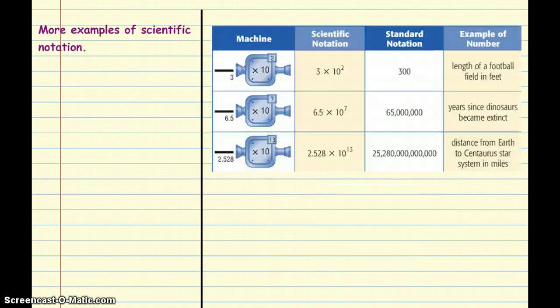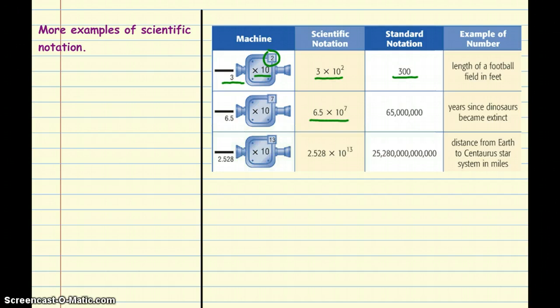Now let's take a look at some other examples. Earlier we talked about repeater machines, and so here's an example of 3 times 10 to the second power, which in standard form is 300. We have 6.5 times 10 to the 7th.